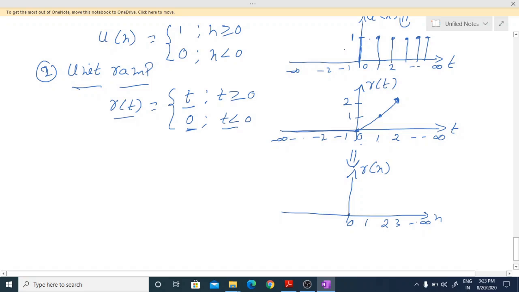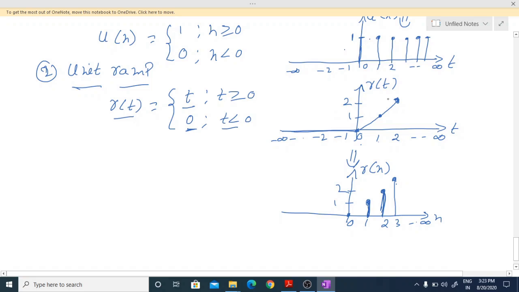Whenever n is 0, r of n is 0, and whenever n is equal to 1, then r of n is equal to 1. If n is equal to 2, then r of n is 2, and n equal to 3, r of n is 3. So this is the way we can represent r of t and r of n.